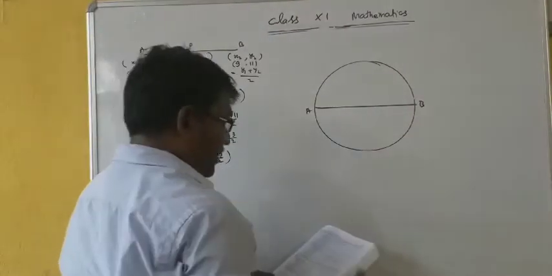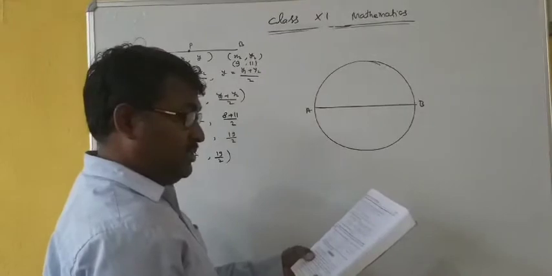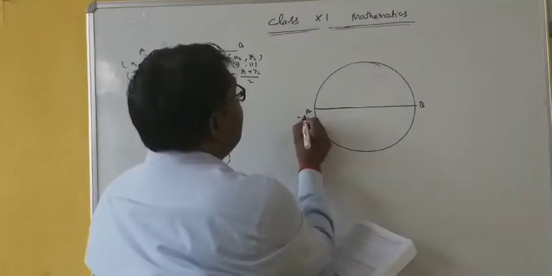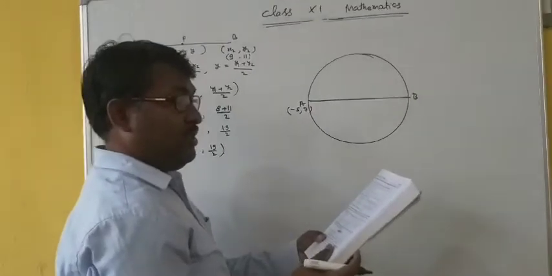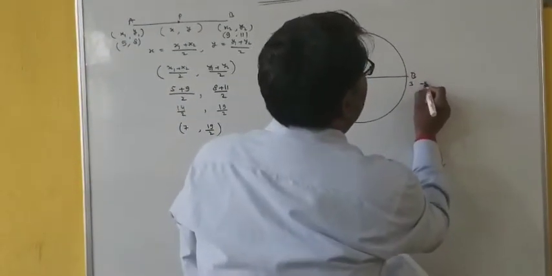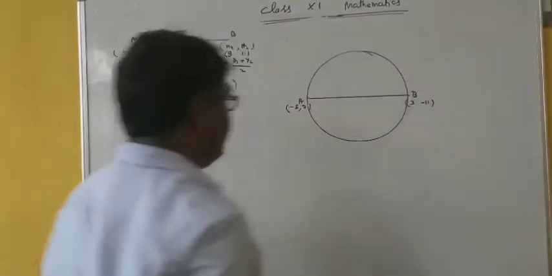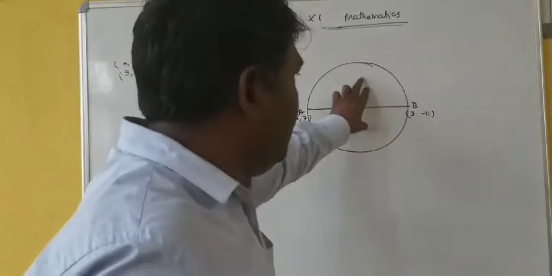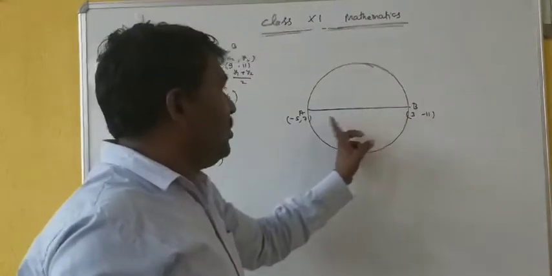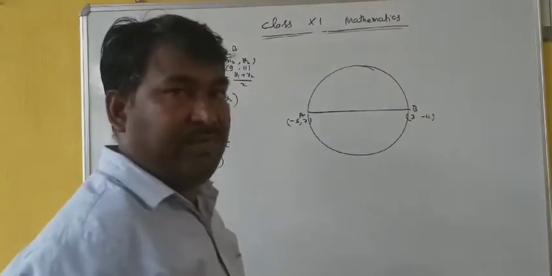Here the end points of the diameter are given as -5, 7 and 3, -11. In this question, there is a circle. End point coordinates of the diameter are given.